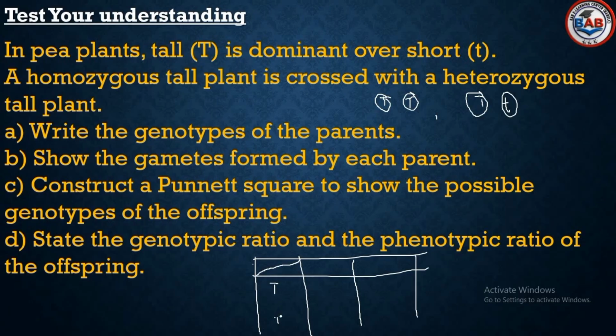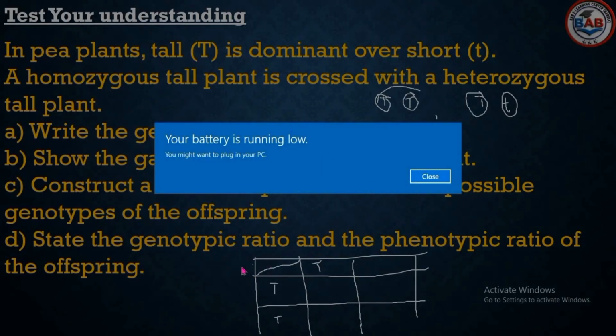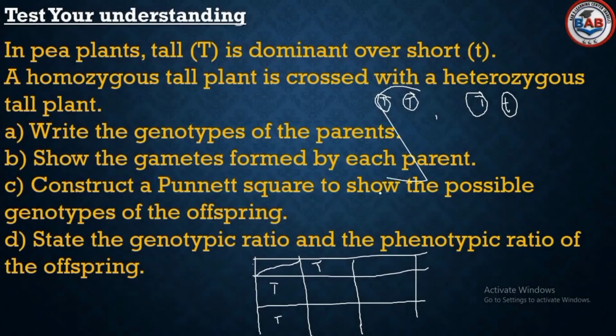This is our first gamete, this is the second gamete, and then this one is put here. These ones are these, these ones are these, and these are here.